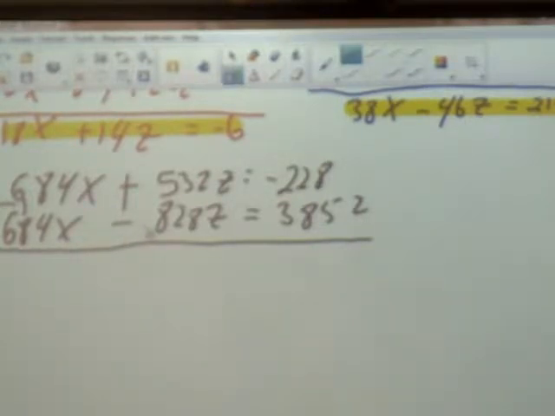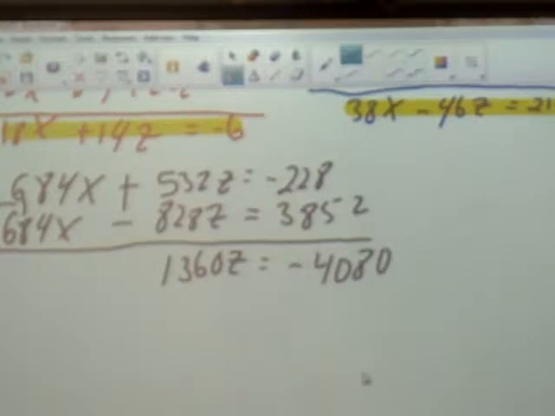What do you get on that? 1,360 z. And then negative 228 minus 3,852 is negative 4,080.